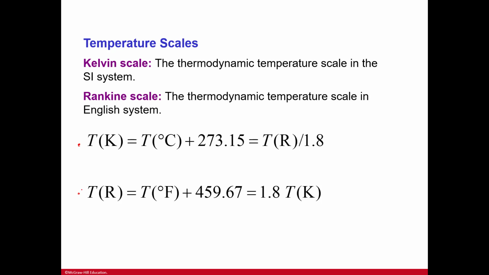If you have two different temperatures, one in Kelvin and one in Rankine, you need to get those to one scale, using either the SI or the EE. Sometimes the problem will specify: give your answer in the SI system, or in the Kelvin scale, or in Rankine.